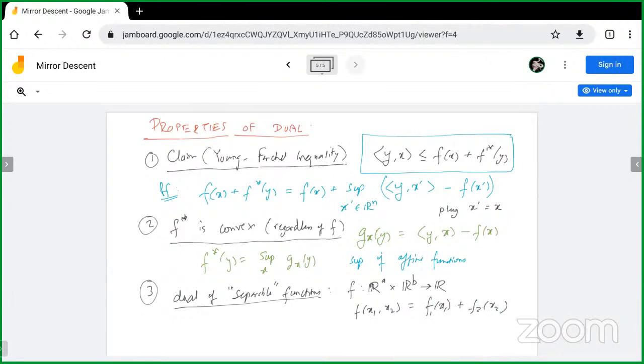Then you can show, just by writing it down, that f star of y1, y2 is f1 star of y1 plus f2 star of y2. The supremum just splits, one for the first variable and one for the second.